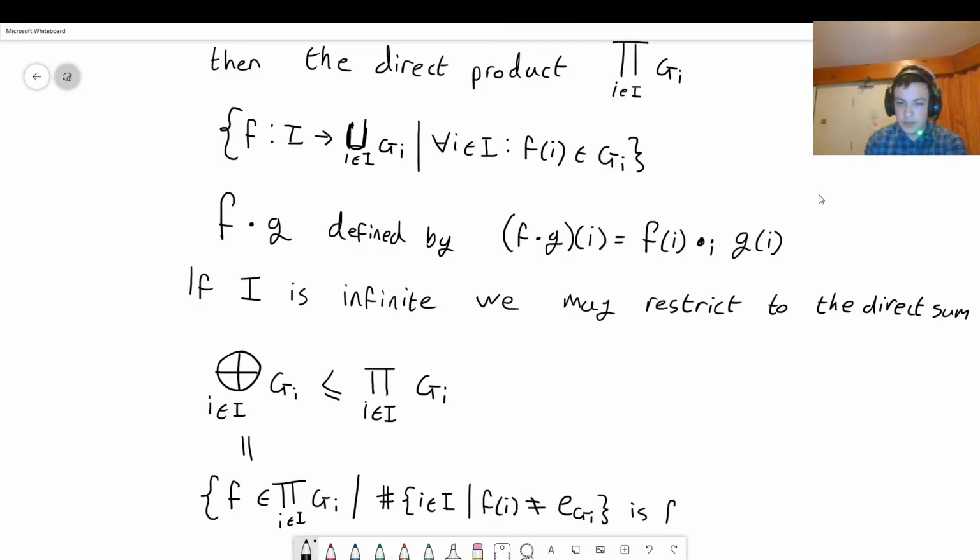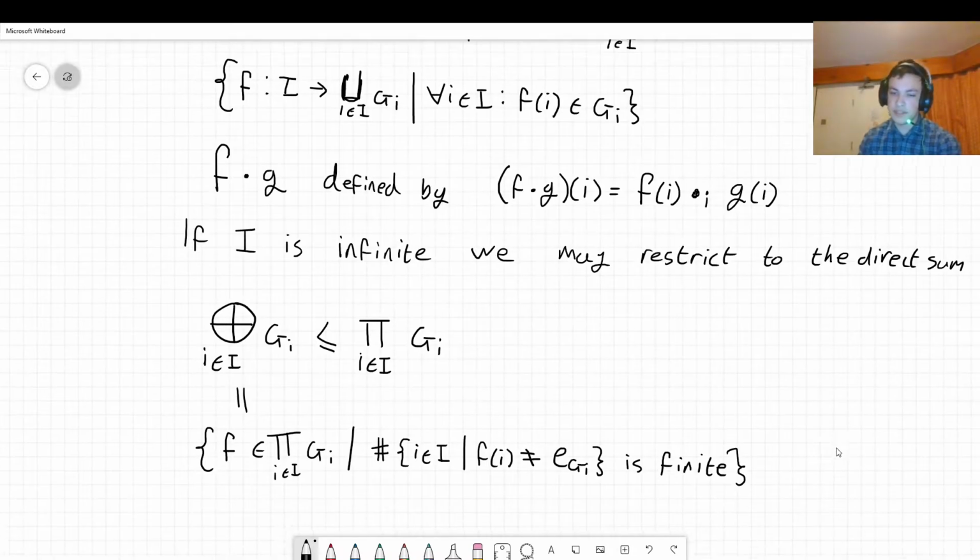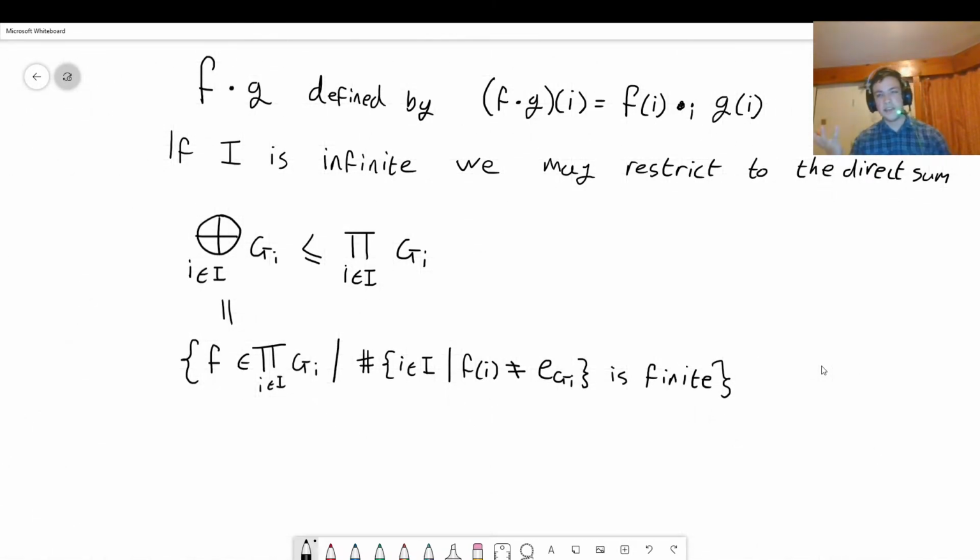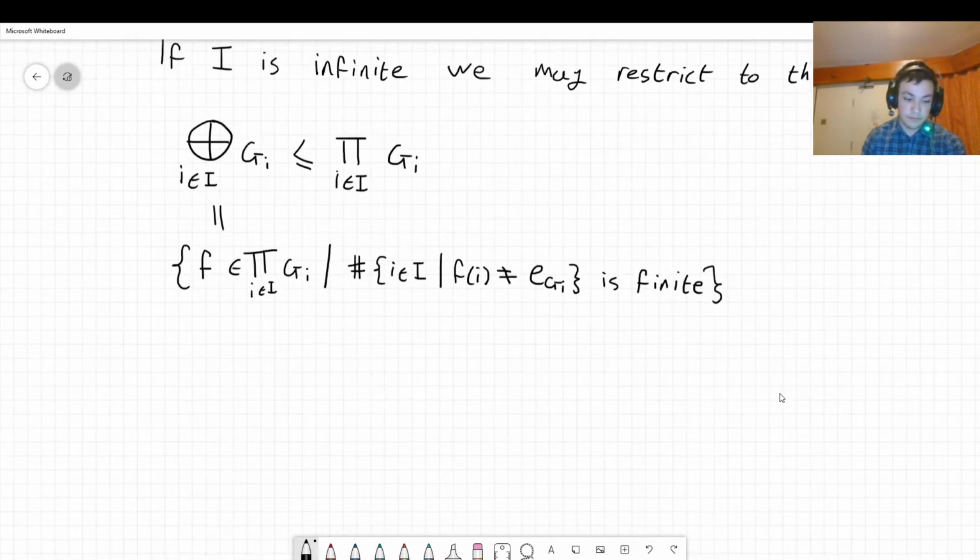Okay, so we have only finitely many non-trivial components here. And we can see that that's a subgroup because obviously if f has finitely many non-trivial components and g has finitely many non-trivial components, then g inverse also has finitely many, and the sum of the two finite numbers is also finite. Okay, so that's the direct sum.